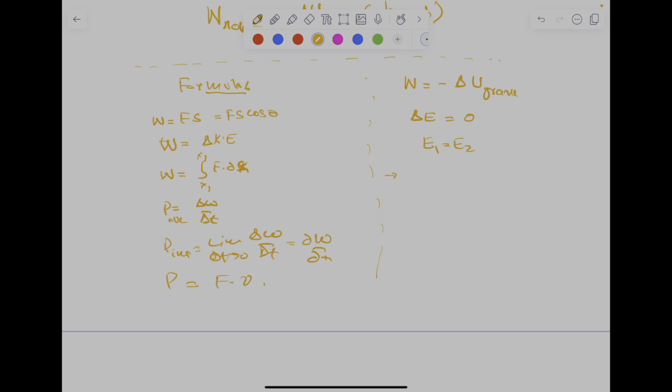If we have other forces, then your change in energy is the work done by the other forces. And if you have a non-conservative force, then your work done is the change in internal energy.